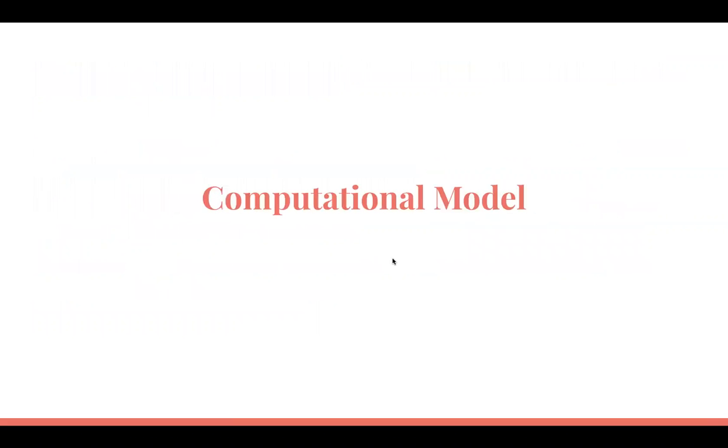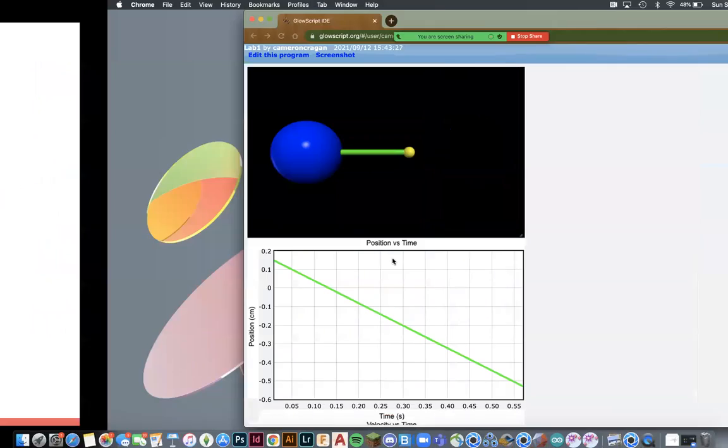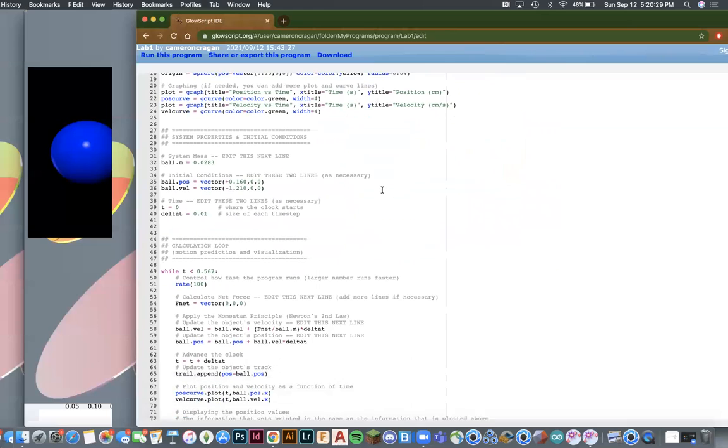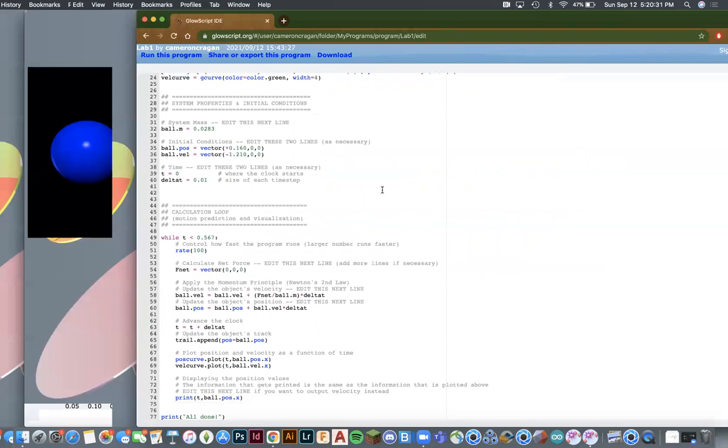For the computational model, here is my code, and I edited a few things to make it resemble the chapstick. First off, I changed the mass here and then put in the initial position and the initial velocity. And then in this line, this is setting the net force to 0.